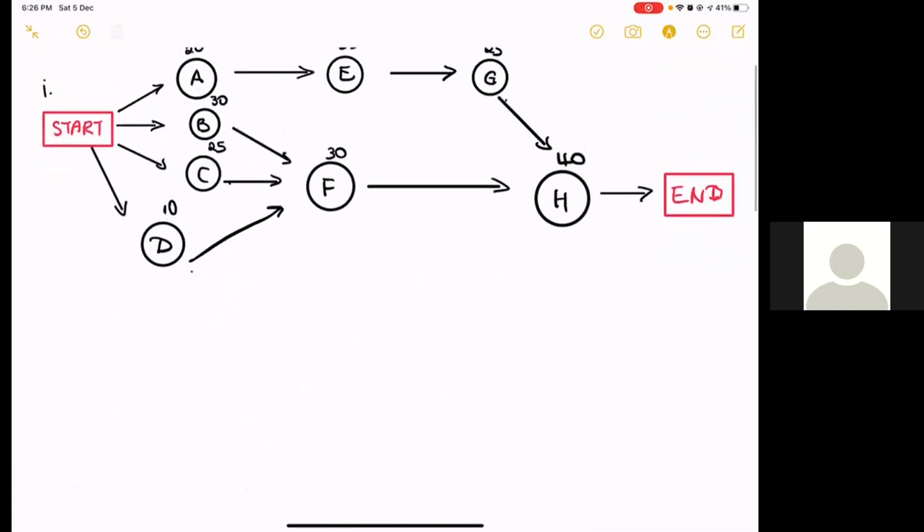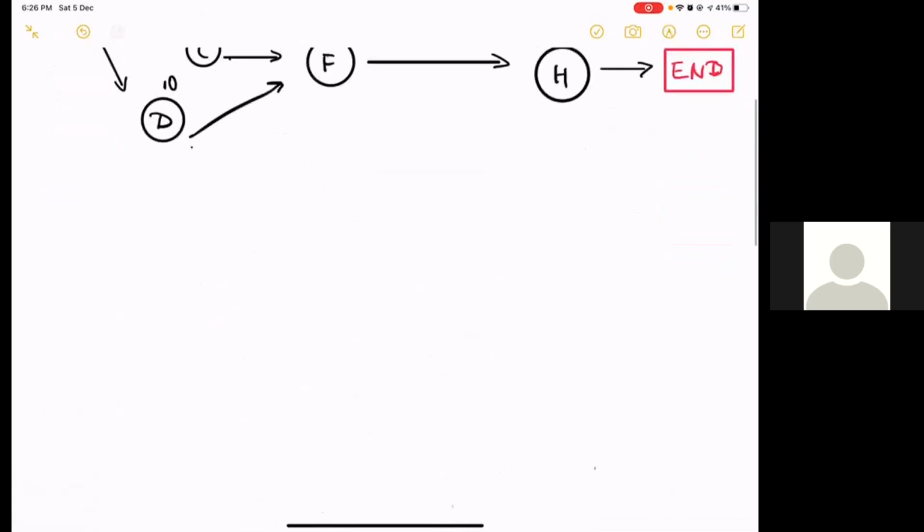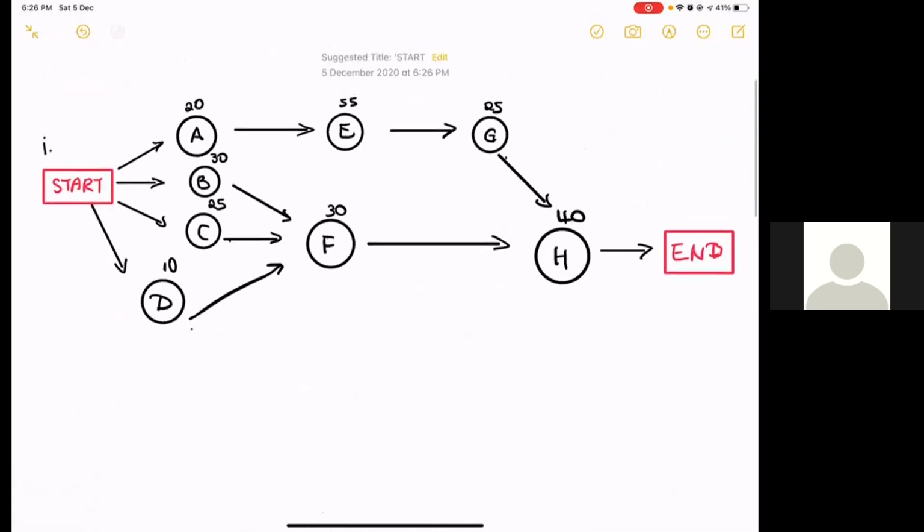Okay, good. Let's just write down our tasks and then we'll see the amount of stuff following them. So task, and then number of activities following. Good.